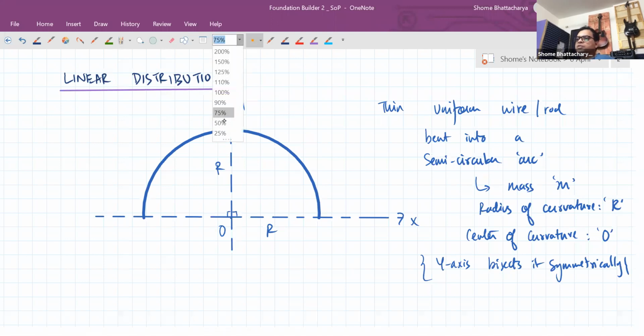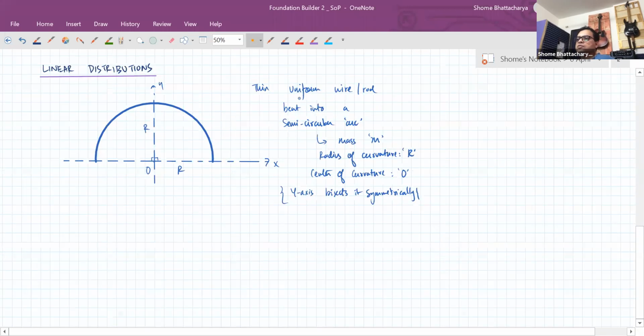Once we process this information, that the mass distribution is uniform because it's a uniform thin wire or rod, we understand that the center of mass will lie on the y-axis because it is a symmetry axis of the system. The left side is a mirror image of the right side in terms of mass distribution. So it has to lie on the y-axis at some point, let's say C, given by (0, y coordinate of the center of mass). So this is somewhere where my center of mass should logically lie.